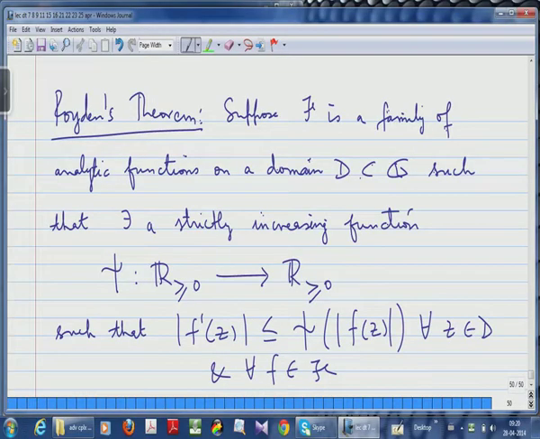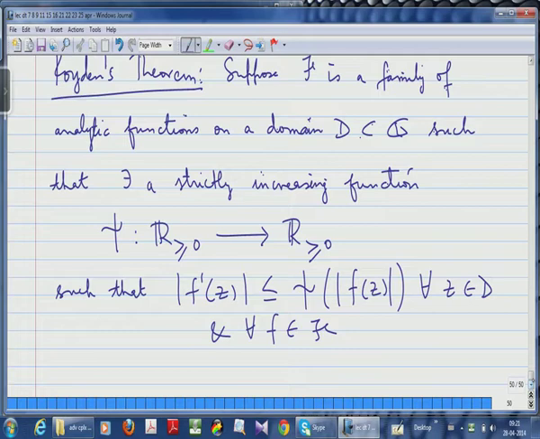Mod f indicates the growth of f in modulus, and psi of mod f will be an increasing function of mod f because psi is an increasing function. So the derivatives grow as an increasing function of the original functions.